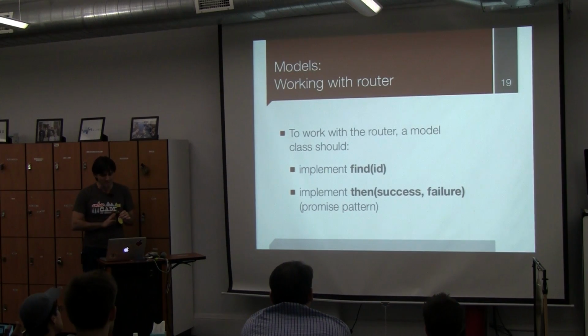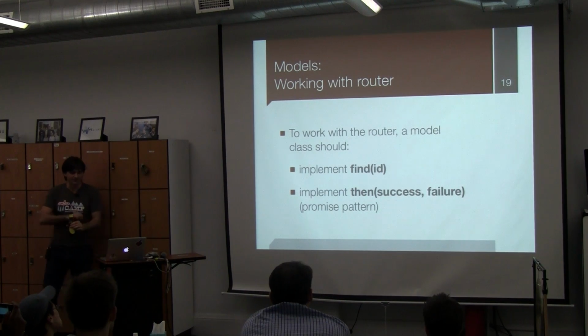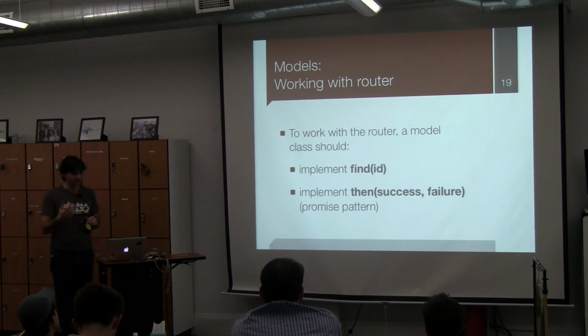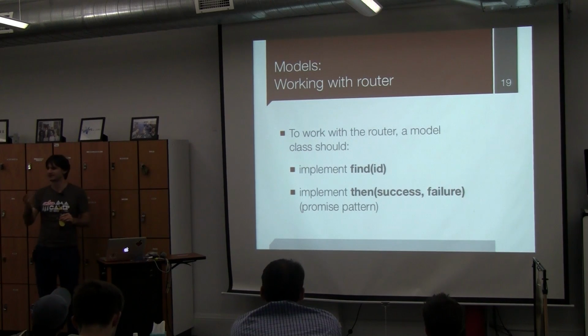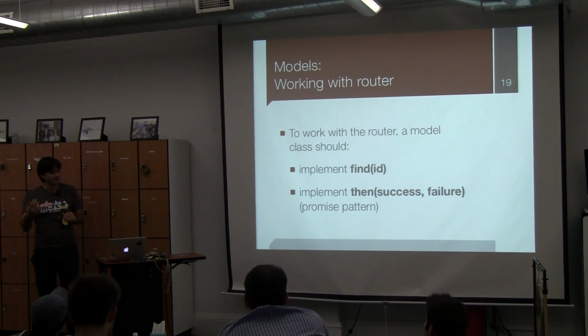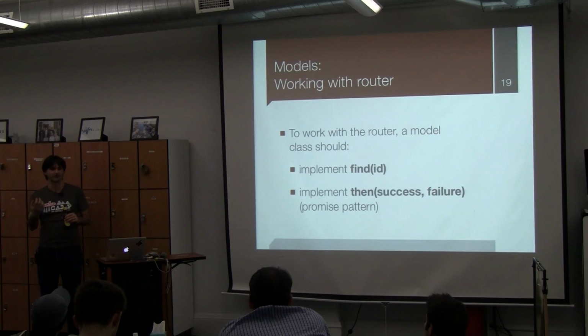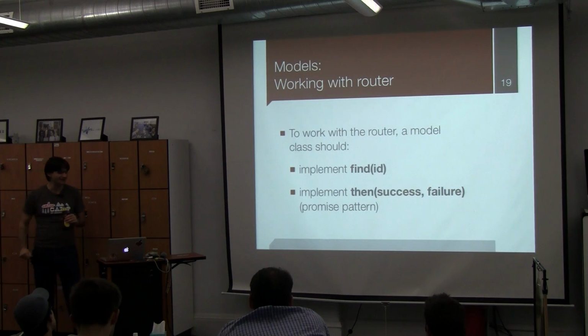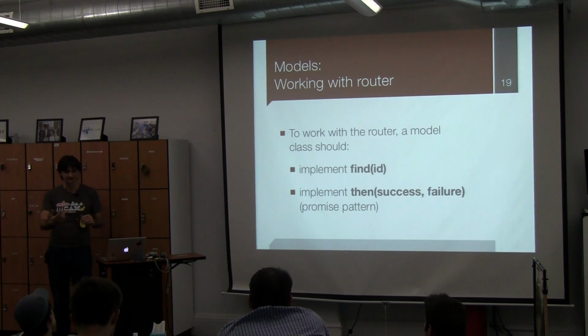that. For a model to work well with the router, the model should implement two things. One is a find method, and we'll look at some of the conventions in Ember, but basically when you visit a route like person/5 in your router, Ember is going to assume that it's going to go get a model named person and call find with 5 on it. And then the other thing that it will respect is the promises pattern.